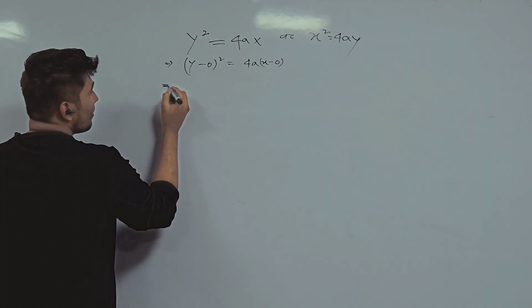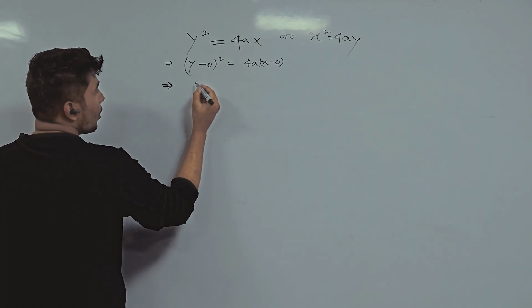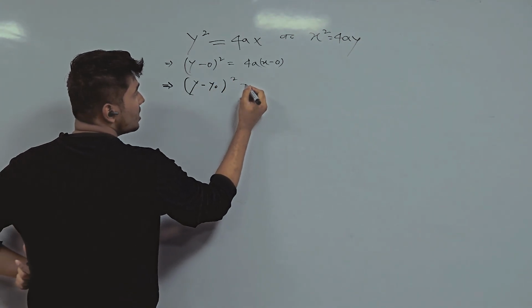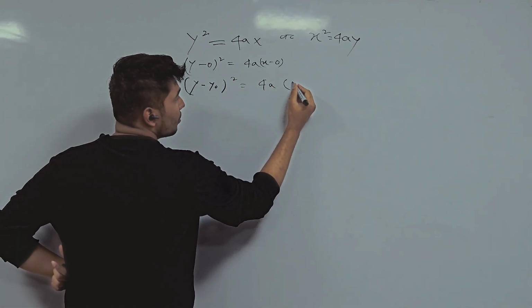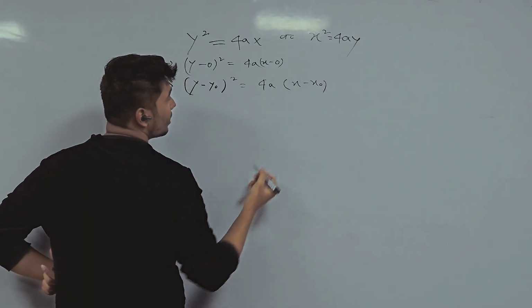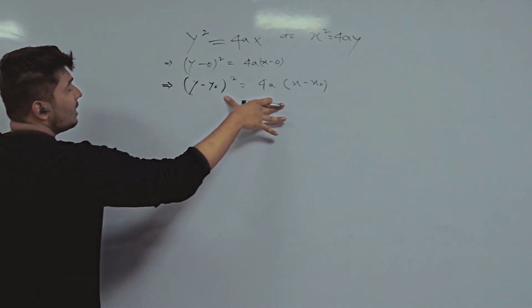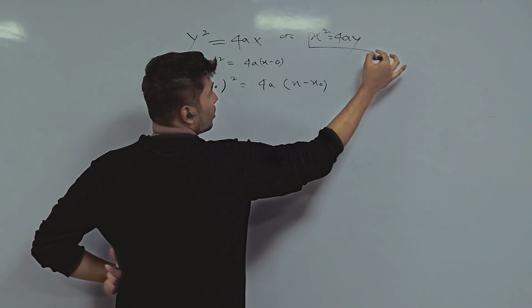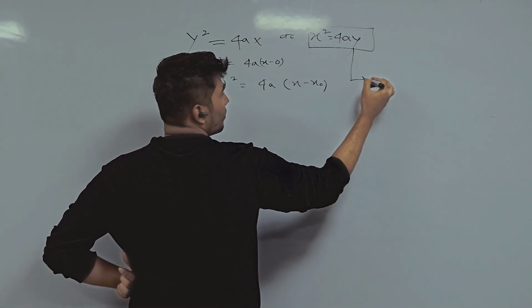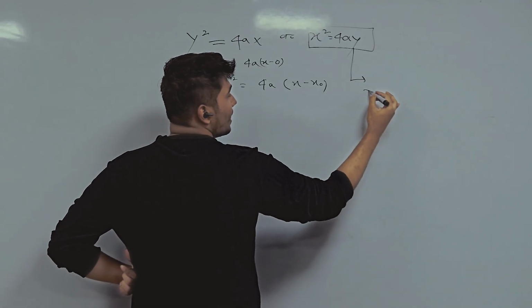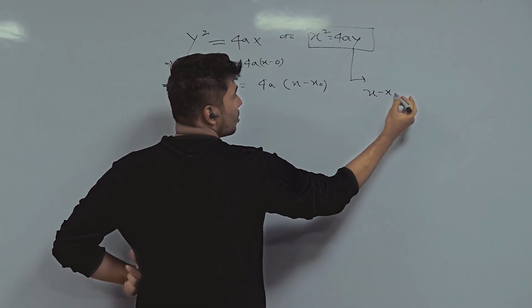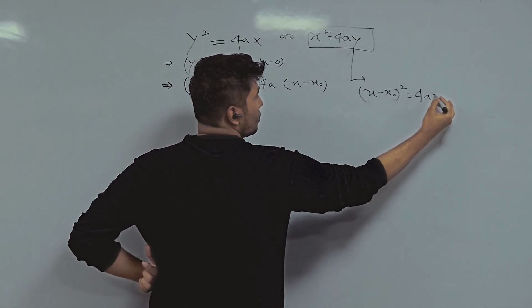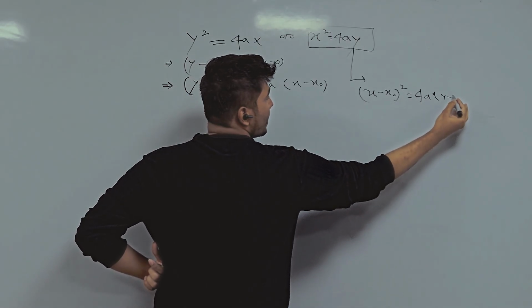So if I want to shift to a certain point, it is y minus y naught whole square is equal to 4a into x minus x naught. Okay, so finally we are getting this equation. In the same way, if I want to shift for the other equation, we get x minus x naught whole square is equal to 4a into y minus y naught.